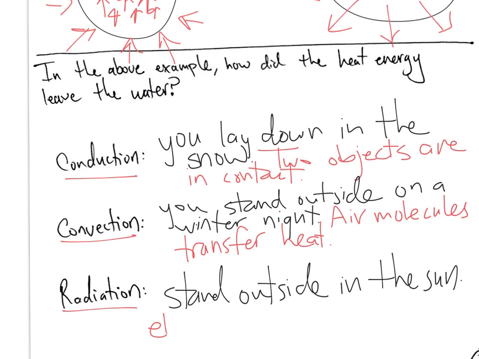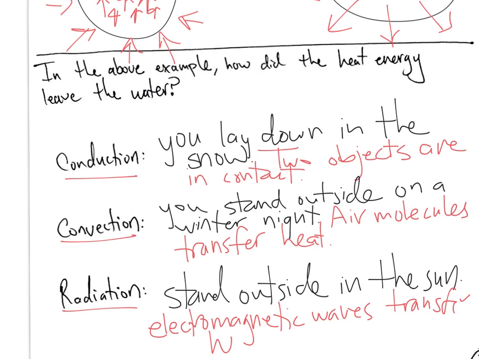It's basically electromagnetic waves, which we will talk more about later, but they are transferring heat energy. Standing in front of a fireplace is the same. If you have the fan on behind the fireplace, that would be convection because it's moving hot air molecules over to you. But just the hot objects will radiate out heat. Electromagnetic waves, we'll learn more about that in the future.